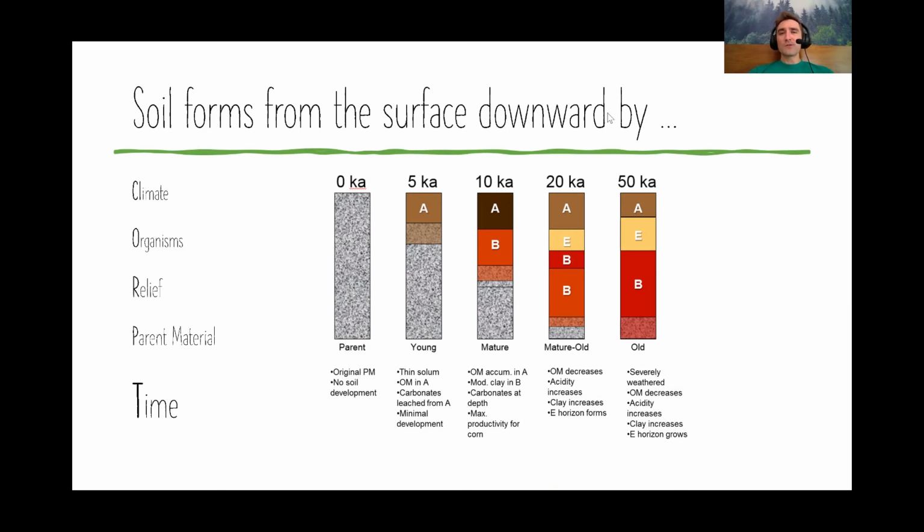It took 10, 20, 50,000 years for it to get that way. And so we recognize that it's not something we can just easily get back in our lifetime, at least. So there's just a little introduction to the factors that have an influence on soil development and formation.